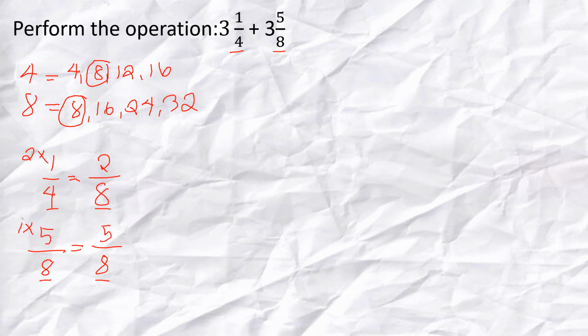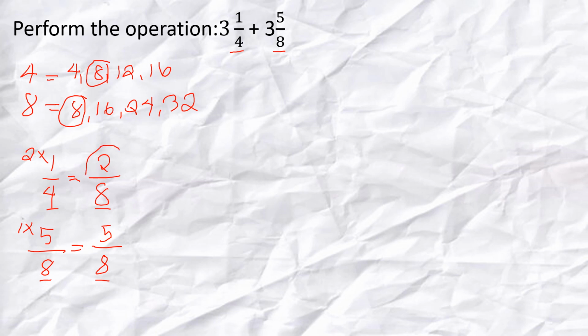So the LCD is 8. Get first the fractions. So we have 1 over 4 and 5 over 8. And then change these two into similar by using again the LCD. 8 divided by 4 is 2. 2 times 1 is 2. 8 divided by 8 is 1. 1 times 5 is 5.